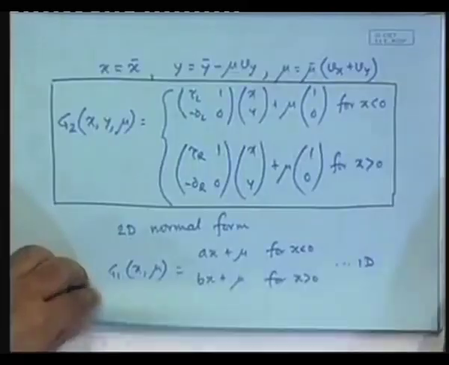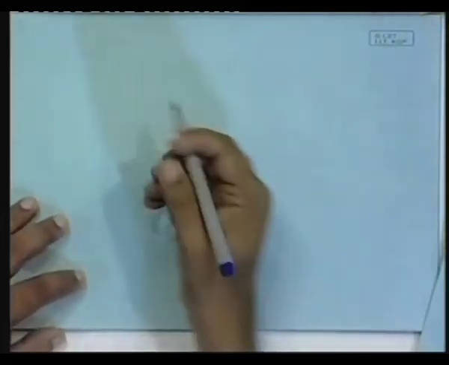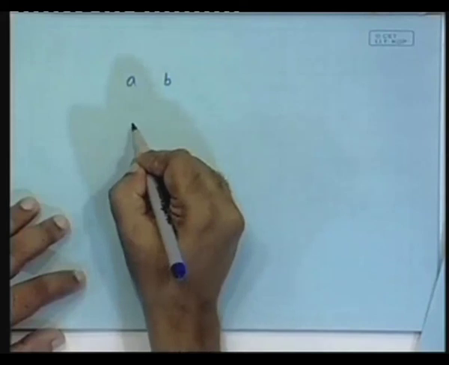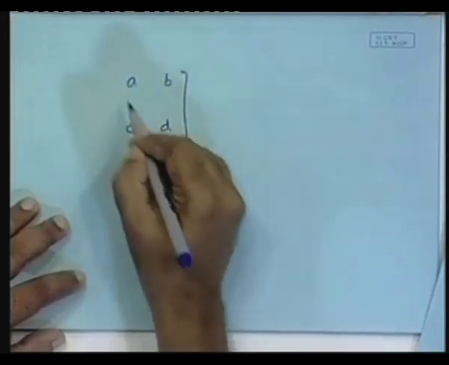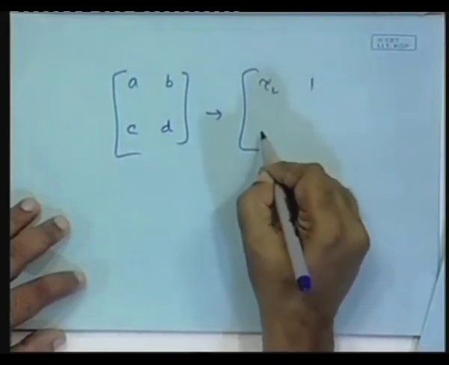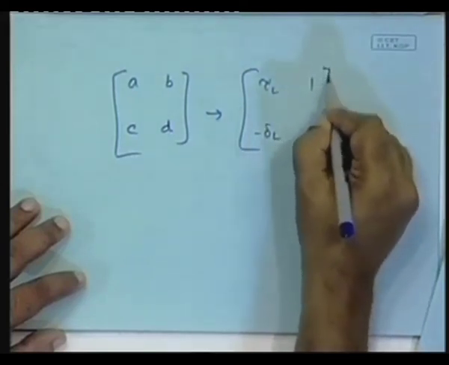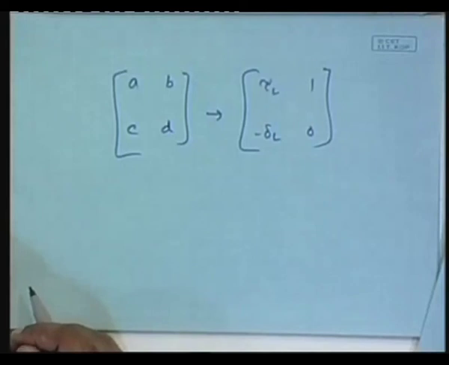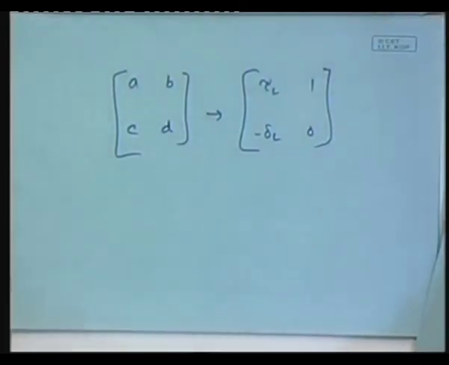Those things will not be clear if you simply do the matrix manipulation, but you should know how to do the matrix manipulation of a matrix that has the shape A, B, C, D to this. You should be able to do that. Okay, that is all for today. We will continue with the next class.